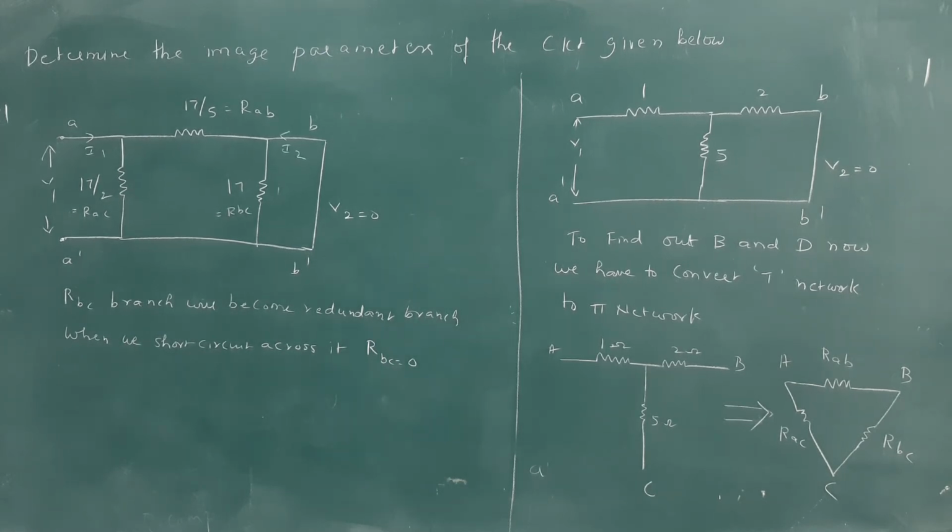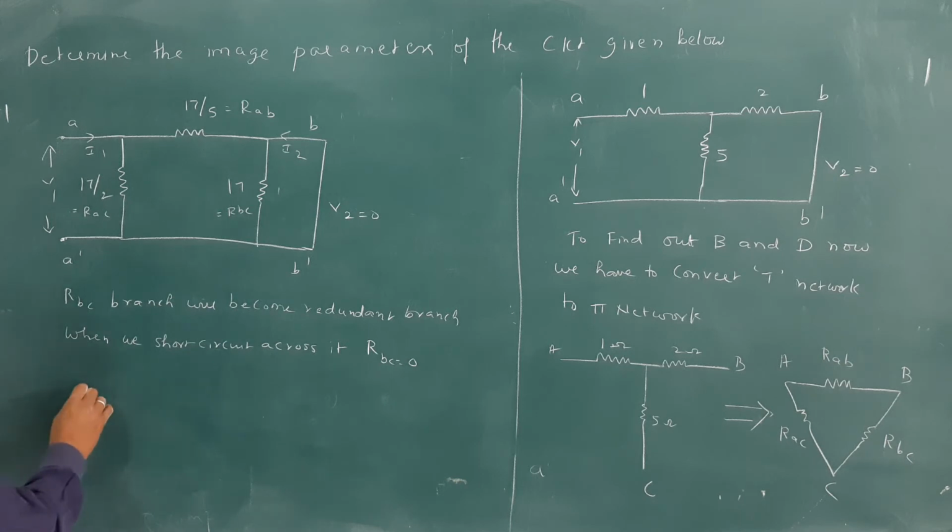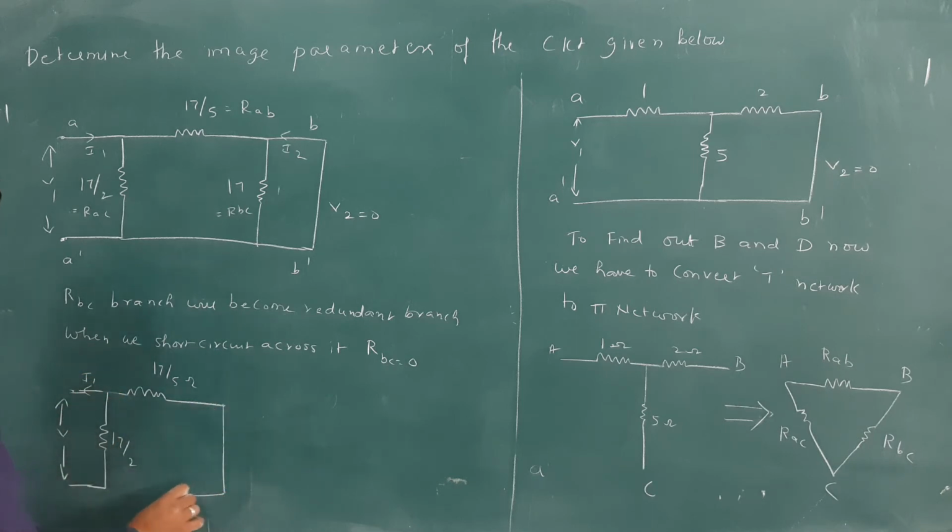So the circuit here becomes like minus I2 is equal to I1 into opposite resistance by total resistance. So what you have to do first here is take this particular diagram that is considered as the final diagram for this, and you will write here 17 by 2 ohms, and it is 17 by 5 ohms, and this is V1, and here what we write is I1, and here I2 is equal to 0.